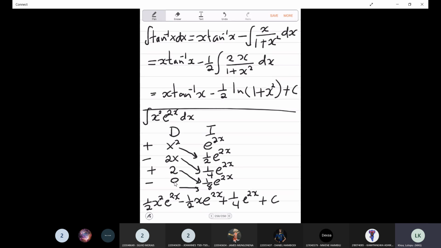Okay, and you can see even if you continued with your table, the derivative of 0 is just 0, 0, 0. So integrating horizontally would just give you a constant. And this is exactly what we got when we integrated it using the long way. Okay, so I find this helpful.